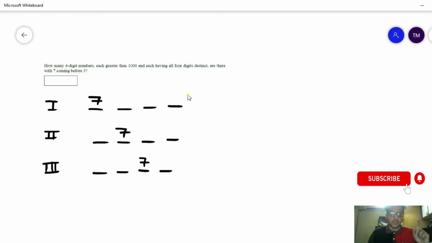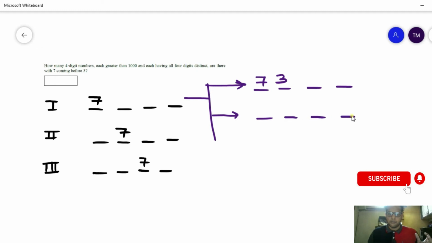Now let's focus on case 1, in which we have possibilities like: 7 and 3 can come here, 7 is here, 3 can come over here as well, 7 is here, 3 can come over here. So we have 3 possibilities in this first case.